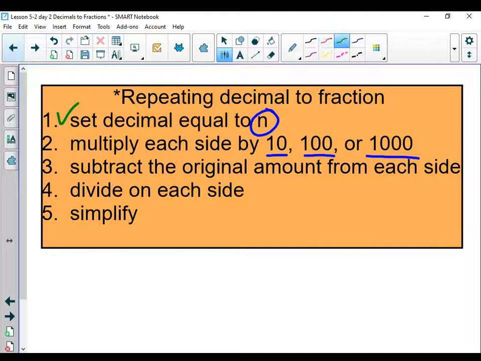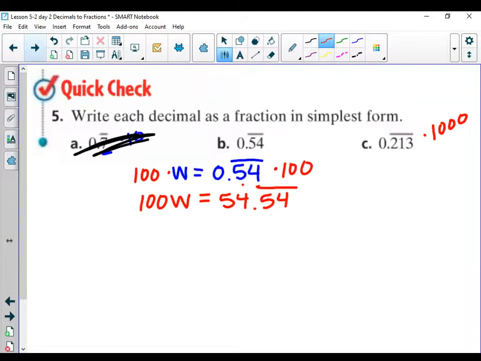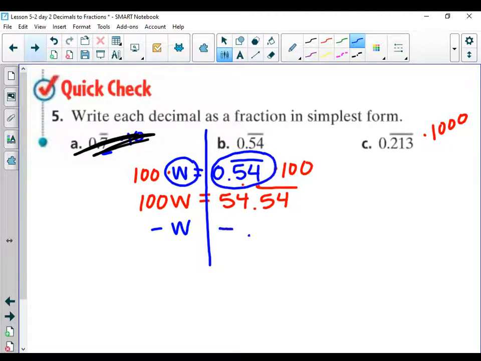Okay. Step 3, subtract the original amount. So for the left side, I originally had a W, so I'm going to subtract a W. On the right side, I originally had a repeating 54, so I'm going to subtract a repeating 54. 100 W minus W. Be careful.